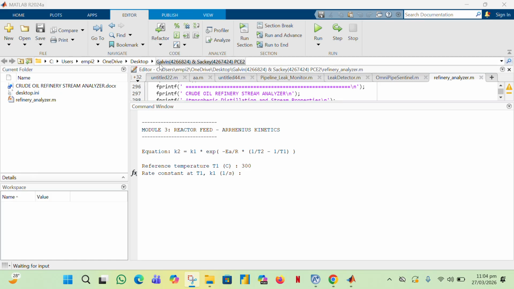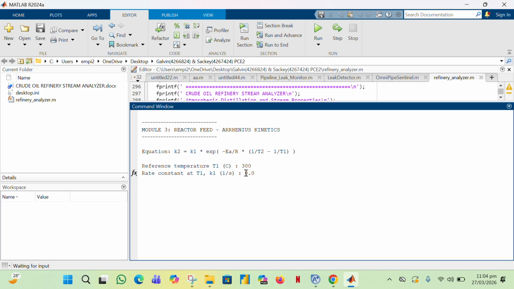This comes from lab kinetic experiments. As said, some values are gotten from the lab. And for the activation energy, we are going to use 80 kilojoules per mole. This is the minimum energy molecules need before they react. So, 80.